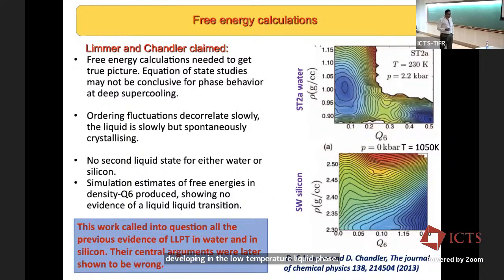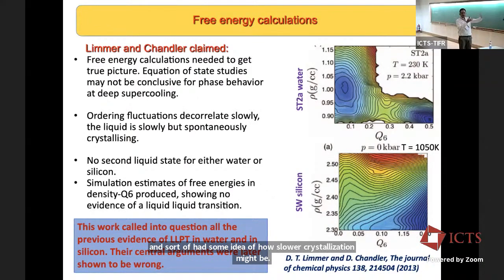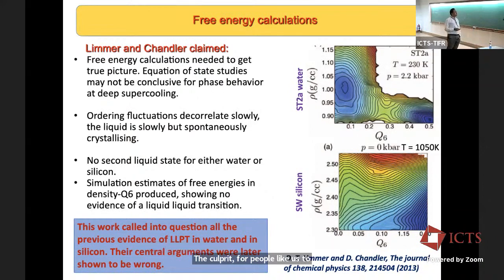So as I said, evidence such as what I showed for silicon was questioned at a later point in time by Limmer and Chandler, who performed free energy calculations, and they argued that you need to do that in order to get the true picture, and had some idea of how slow crystallization might be the culprit for people like us to misinterpret what was going on.